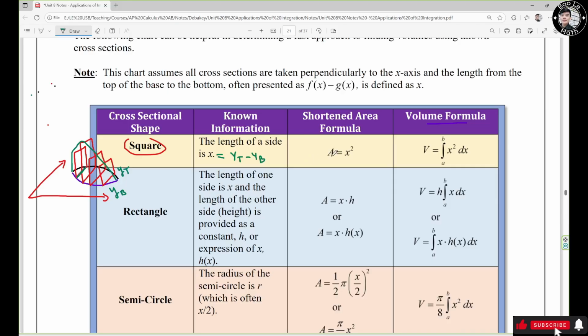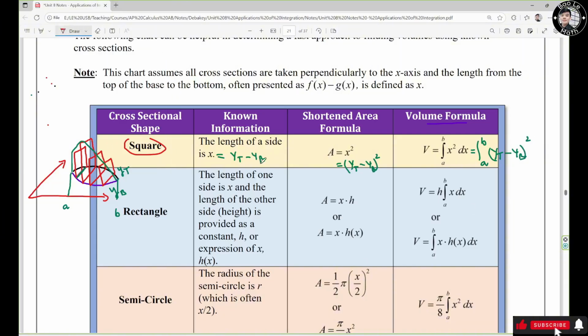Then the area is the side squared, or y top minus y bottom all squared. Now, in order to calculate the volume of the solid, you need to calculate the integral from a to b. This one is going to be a, this one is going to be b, of y top minus y bottom all squared dx.